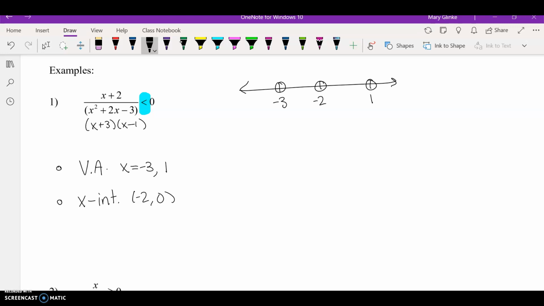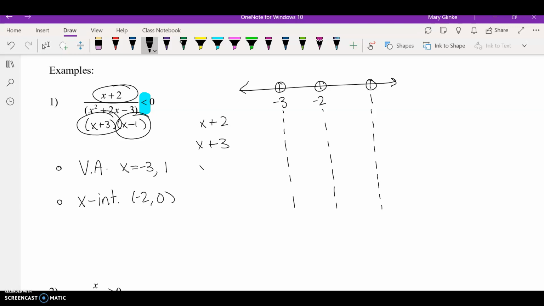So the sign analysis says this: all of these critical values are kind of different. They're separating our number line into different parts of the domain. Within each of those parts, our graph is going to either be above or below the x-axis. In order to figure out which one's which, what we're going to do is we're going to take all of our factors. We have x plus 2, x plus 3, x minus 1.